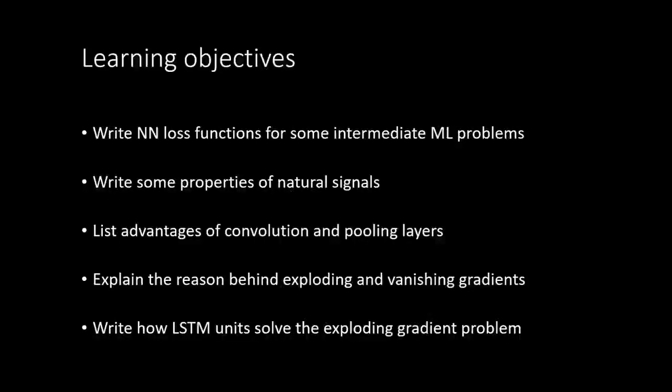And you should be able to explain the reason for exploding and vanishing gradients in neural networks that propagate gradients through many layers, and then see how long short-term memories can resolve some of those issues for recurrent neural networks, whereas other architectures such as residual networks can do that for convolutional neural networks.